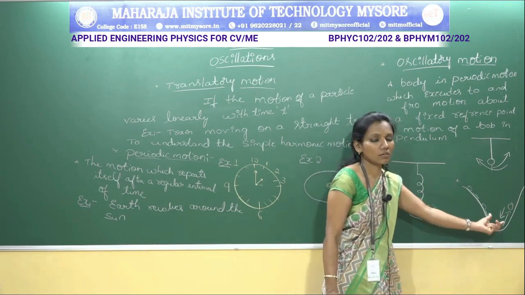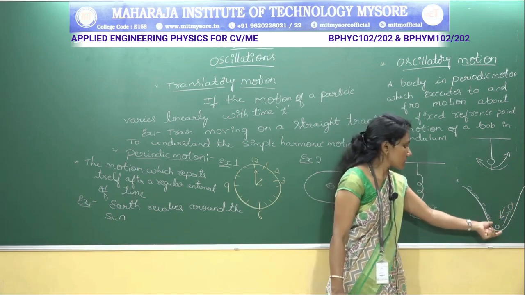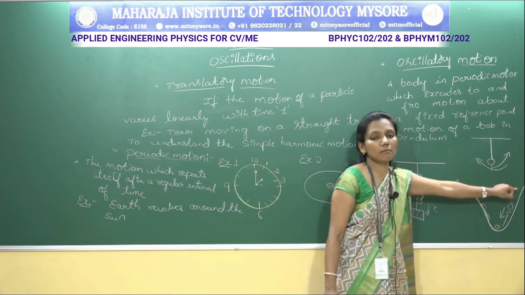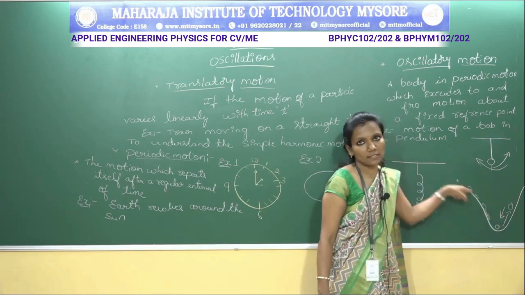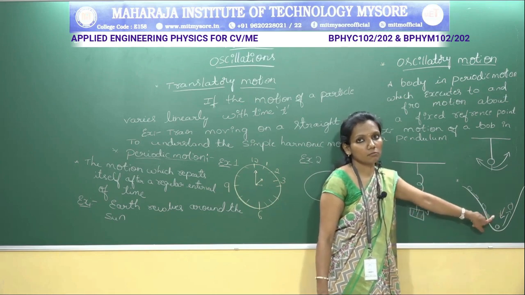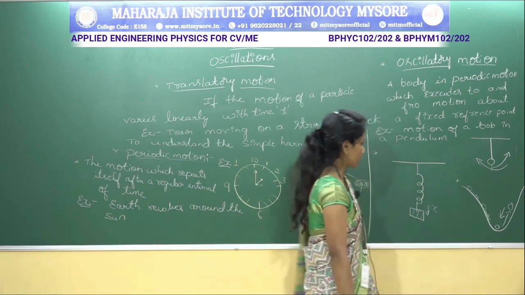Here also the particle is moving some distance and again reaches the extreme point, so it is oscillating. That is why this is in periodic motion as well as oscillatory motion.